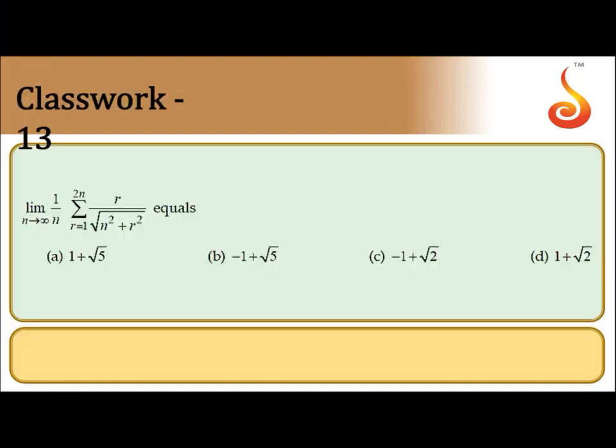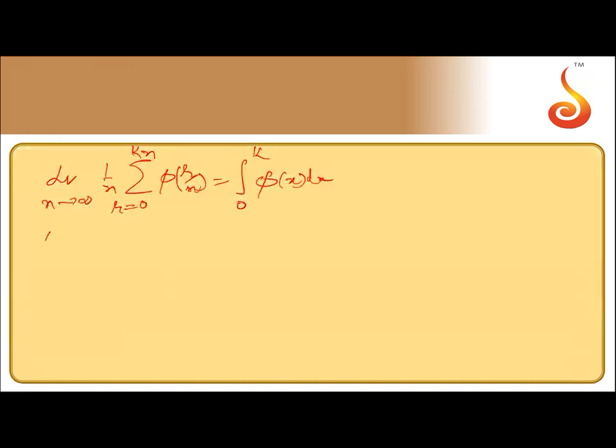This is the formula. Here r runs from 1 to 2n. It is the limit as n tends to infinity of 1 by n sigma r equals 1 to 2n of r divided by root of r square plus n square plus r square.